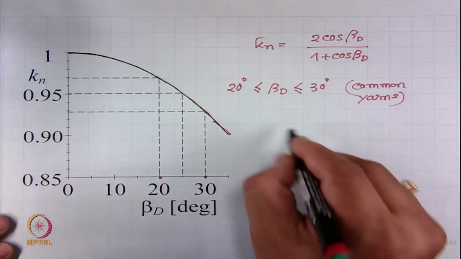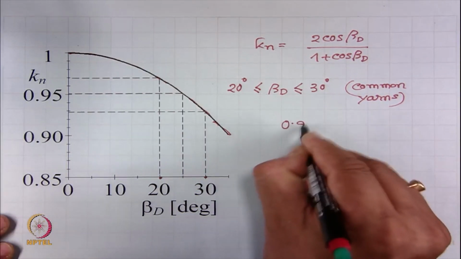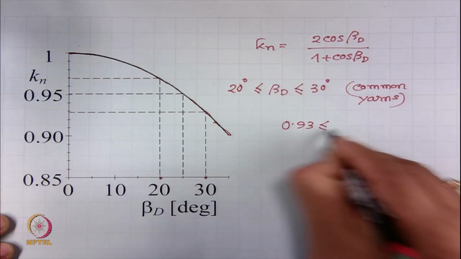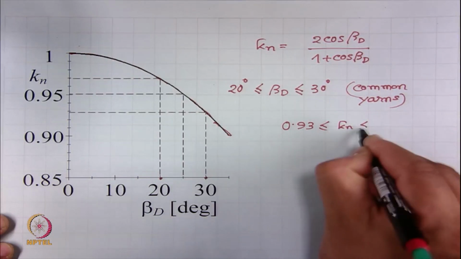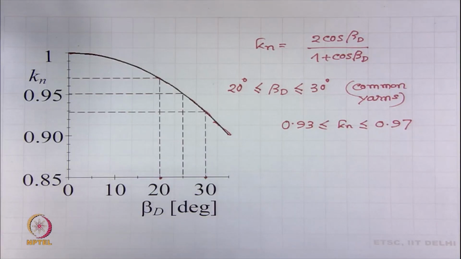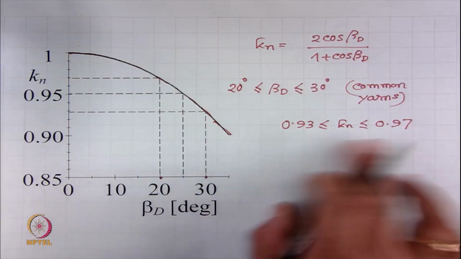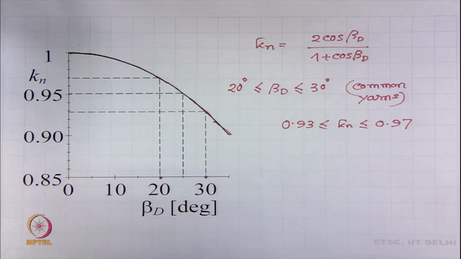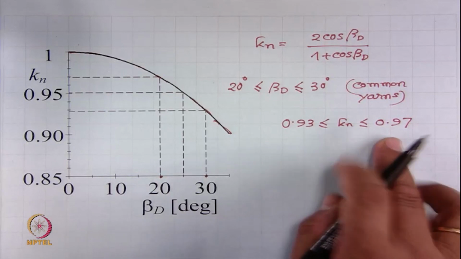So, for ring spun yarn this Kn lies from 0.93 to 0.97. What is the average? Average is 0.95.